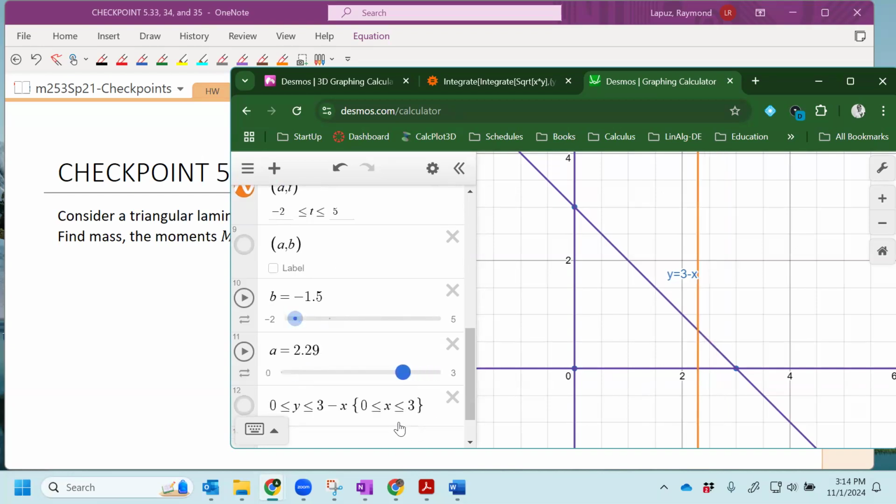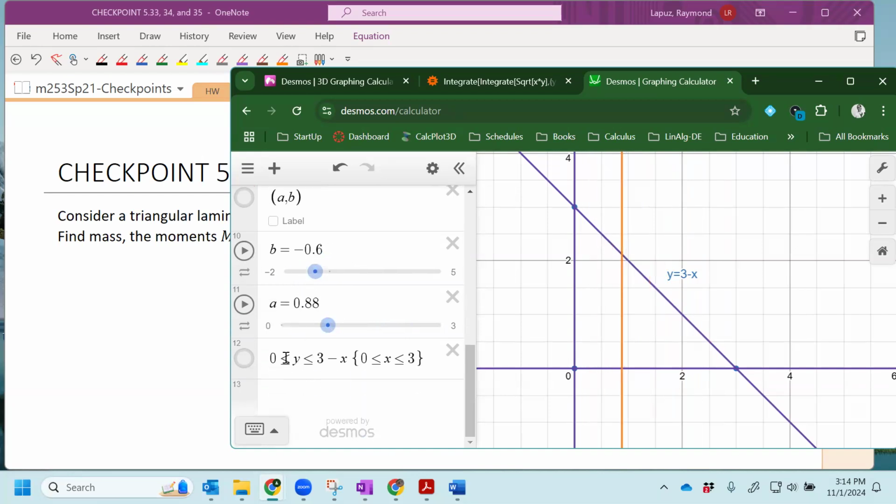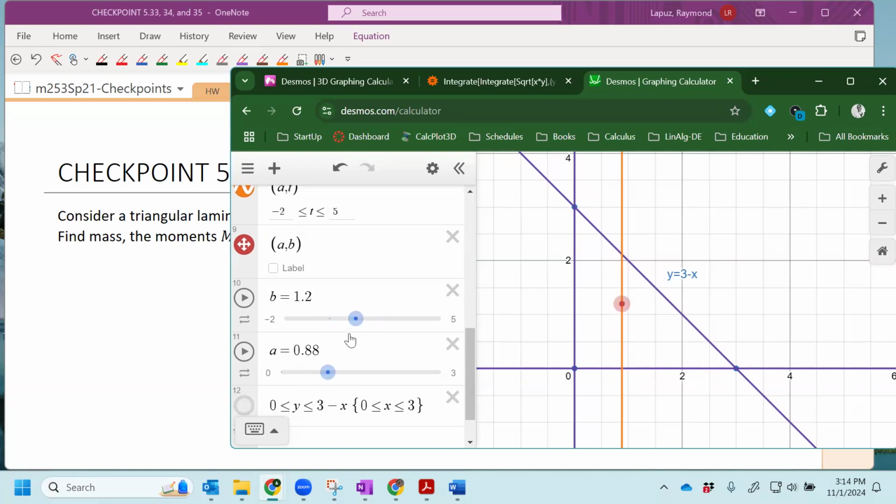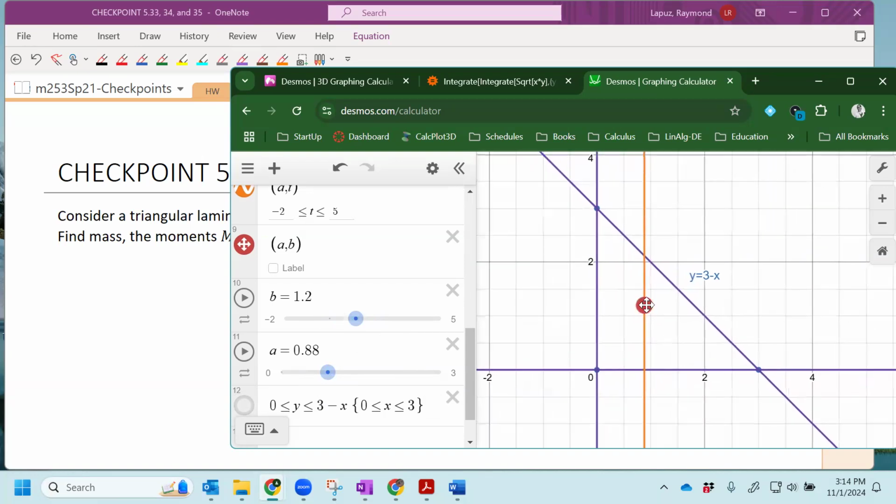We're going to be entering through the region at y equals 0, and then we're going to be exiting at y equals 3 minus x. So those will end up being our limits. And regardless of where you are in your region, it's always going to be the same entry and same exit points. And so this is the region that we want to describe.